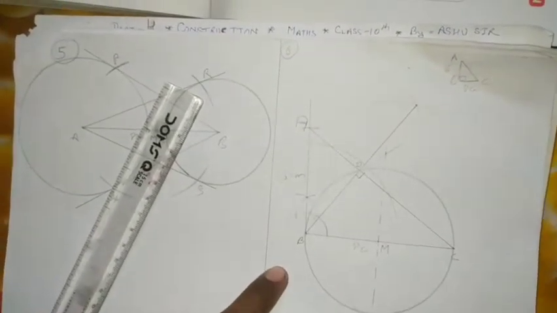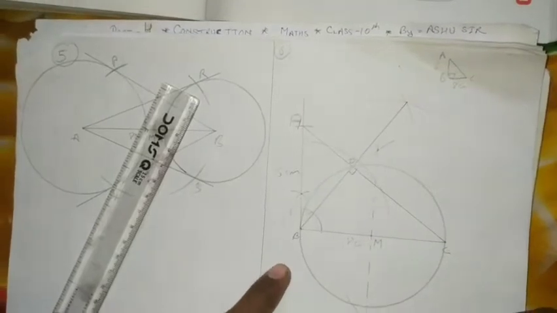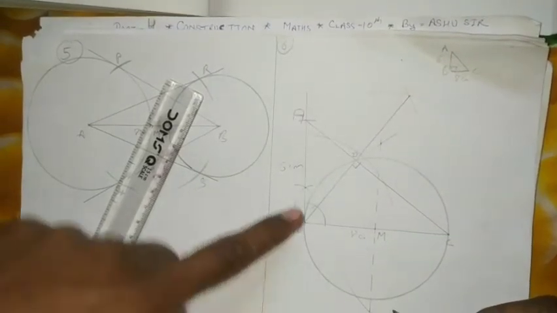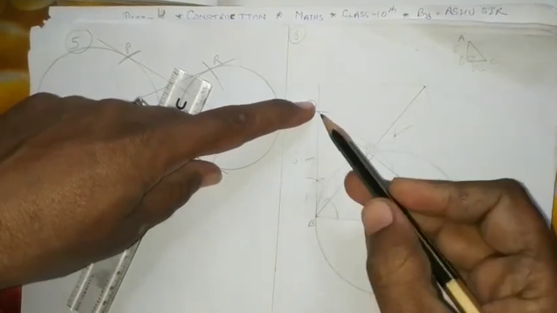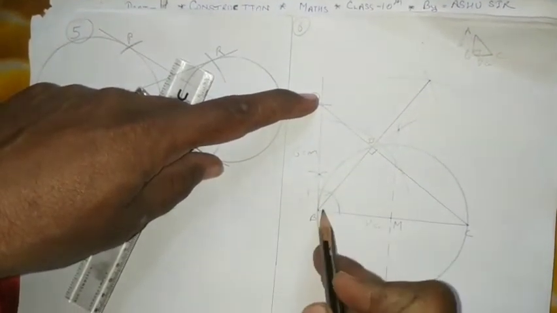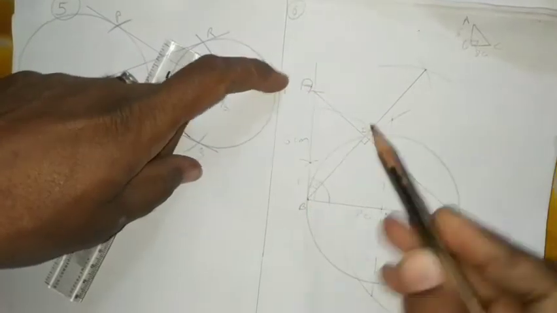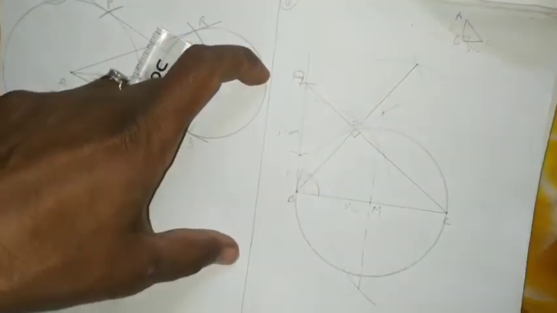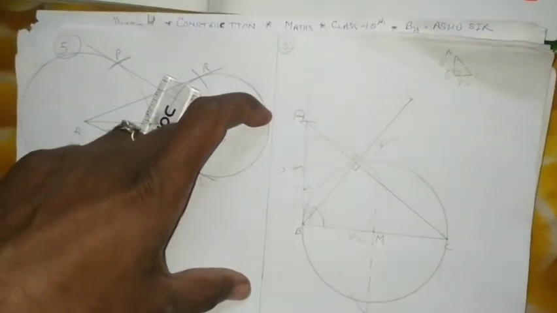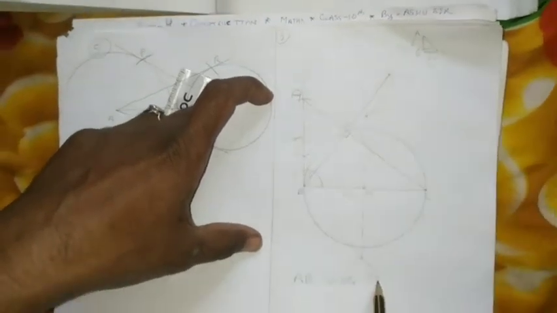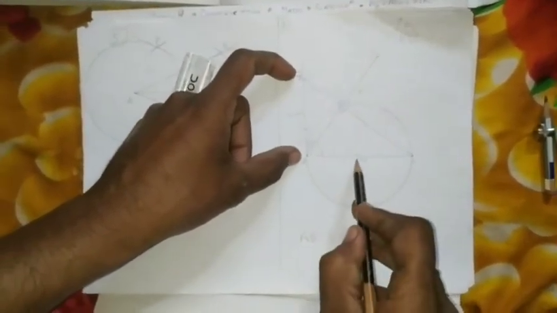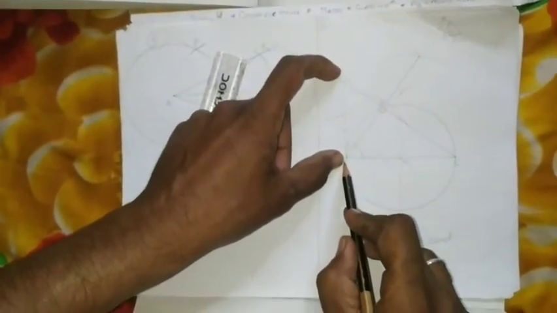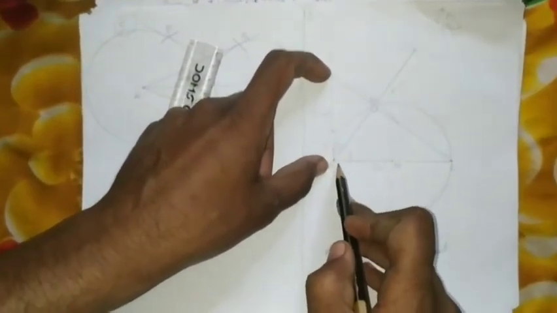Then next step, tangents from A to the circle. You see A is an external point, and AB is perpendicular on BC, this is 90 degrees. So the first tangent is AB, because the radius and the line drawn from the external point make a right angle.